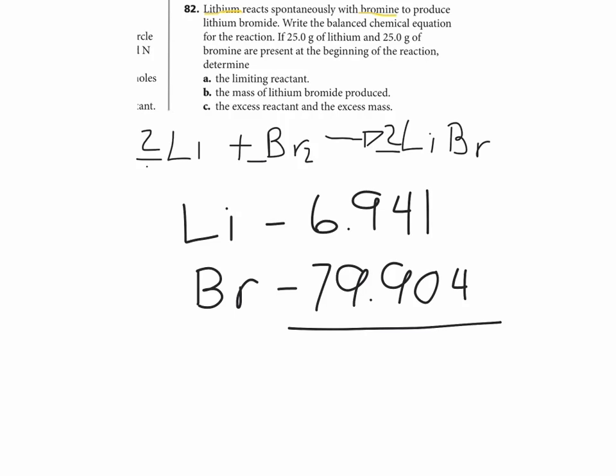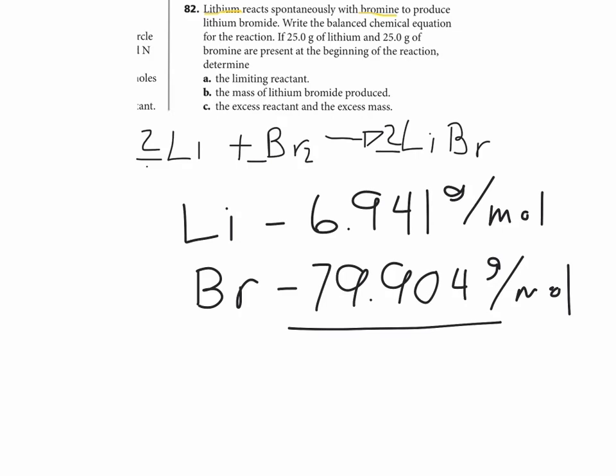Okay, so we already have the mass of both of them. Lithium 6.941 and bromine is 79.904. So you only need to add these two, and you will have the molar mass of the compound. We only have one atom of each one.